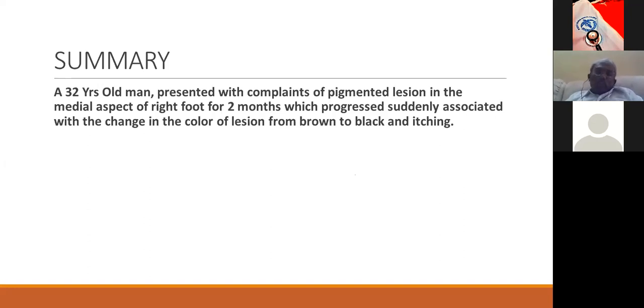Then we move on. We were talking about the familial risk factors. Apart from the familial risk factors, what are the other potential risk factors? We discuss them separately, but for the exam, if somebody is going to ask you one single question, please list out the risk factors for melanoma.